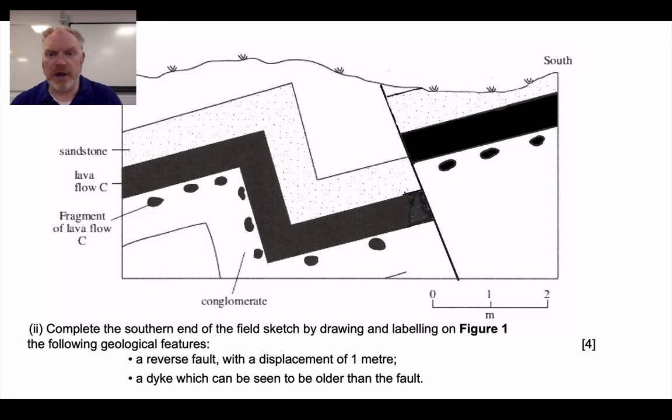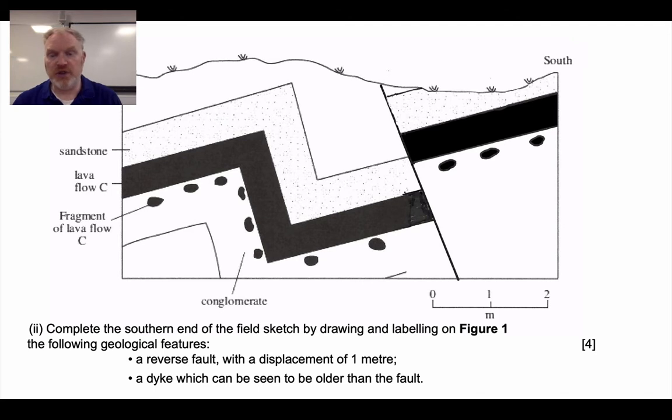Now we describe that block on the south side as the hanging wall of a fault, because it's the block above the fault. In this case, in what we call a reverse fault, this has moved up. The footwall of the fault, the one to the north or below the fault there, has moved down.